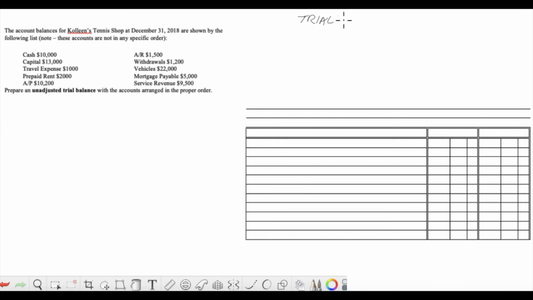there are a few things that we need to do. Just put a little heading here so we can remember what we're doing. If I spell it right, trial balance. It gets a little different because they want us to do things in a certain order. All right.